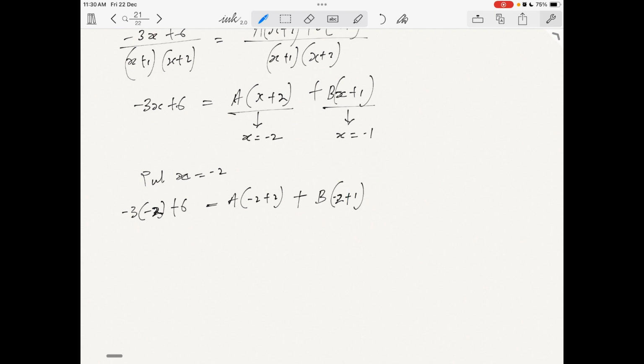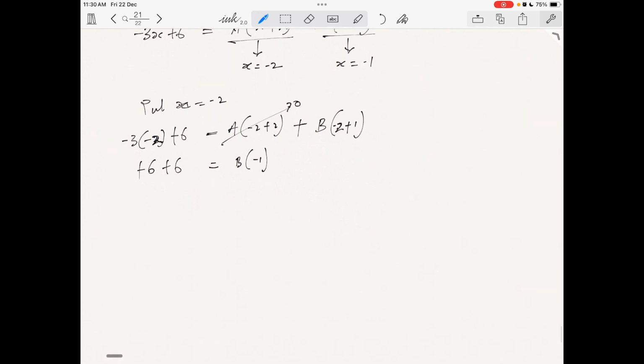Now this turns to 0. We have minus 6 plus 6 plus 6 equals B into minus 1, so 12 equals minus B. Definitely B is equal to minus 12.